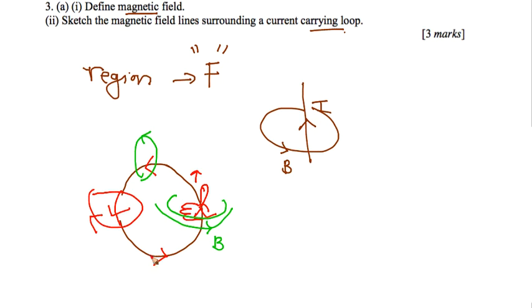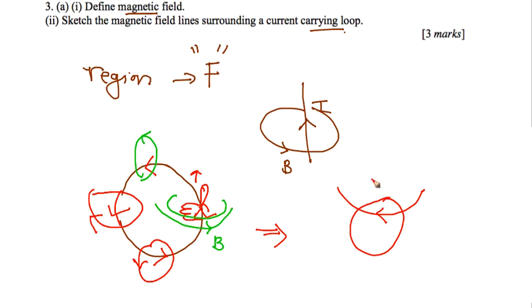And the same process here, use your right hand, so this is the direction of the B. If you draw it in the loop here, this is the direction of the B, and this is the direction of the B. Or if you just draw a straight line here, this is the direction.